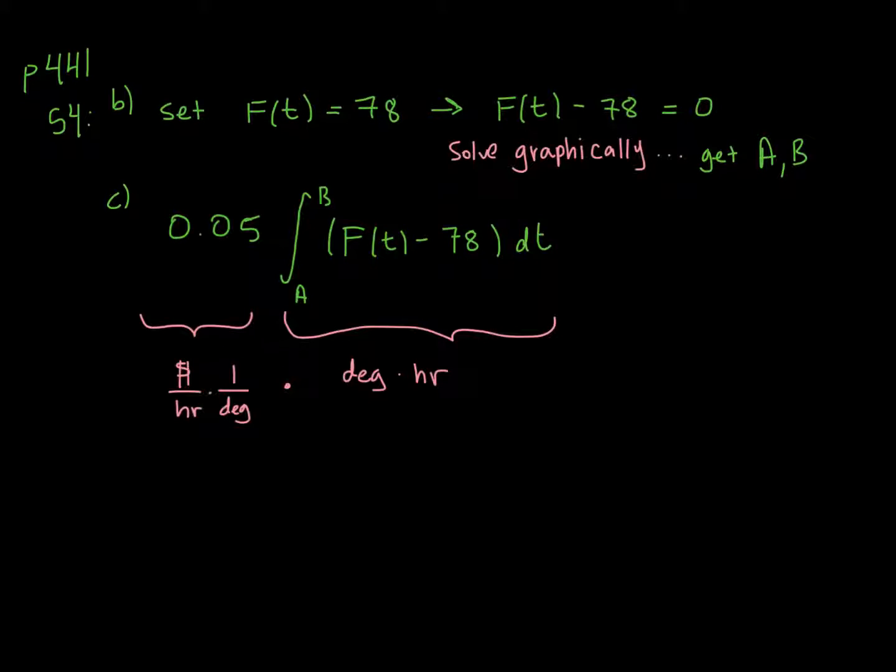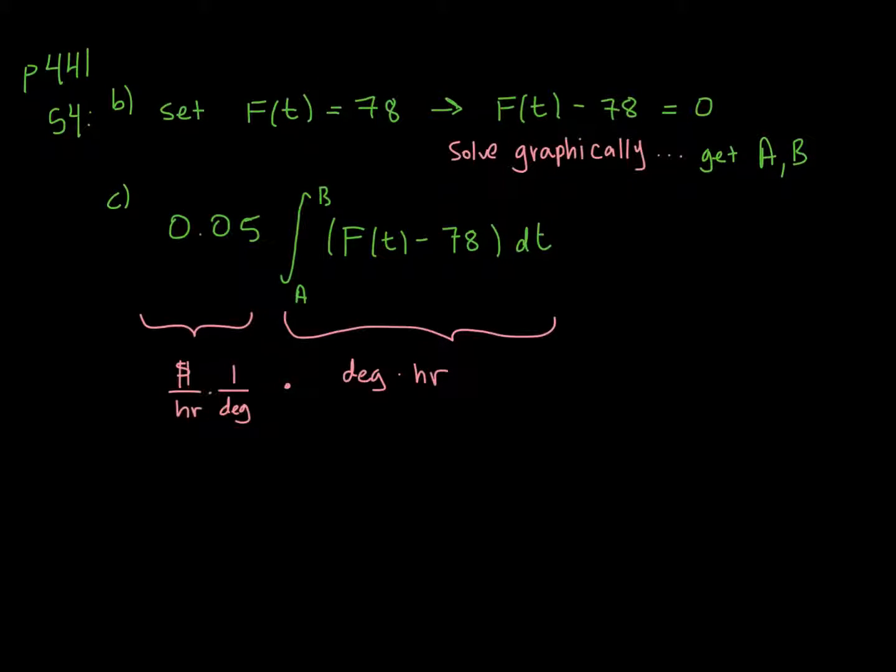What I want to end up with is dollars. I need to arrive at an expression which tells me the number of degrees that I am above 78 in terms of the length of time that it occurred for. If you line up your units here, you can see what you need to end up with just dollars. You're going to need degree hours.